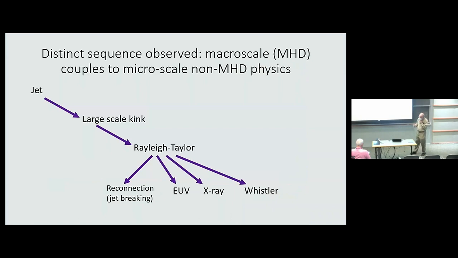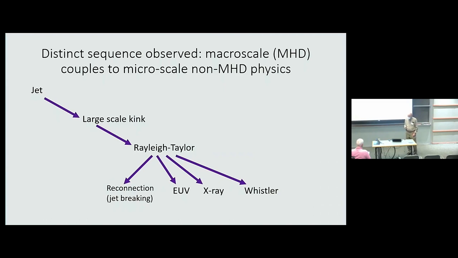So what we've seen in the last few years is there's a distinct sequence of instabilities. We start with a macro scale MHD instability that's called a kink instability, which is kind of the great granddaddy of MHD instabilities. And that corresponds to the plasma wrapping itself into a coil.